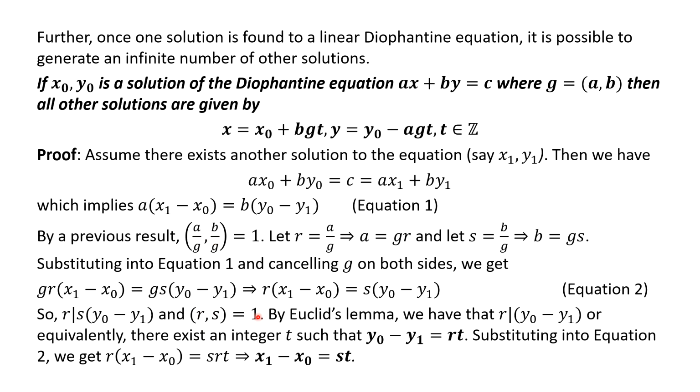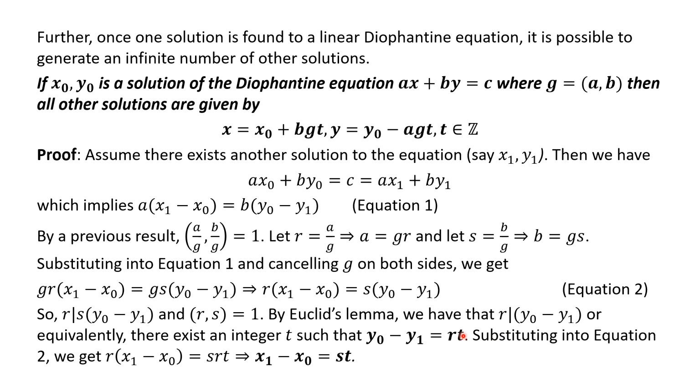So this is 1. And then by Euclid's lemma, since the GCD of r and s is 1, that means r has to divide the other term. So we have r divides y sub 0 minus y sub 1. Or equivalently, we can say that there exists an integer t such that y sub 0 minus y sub 1 equals rt.